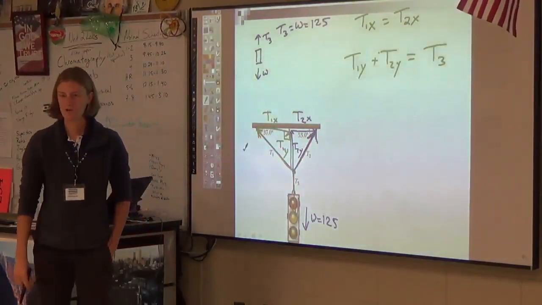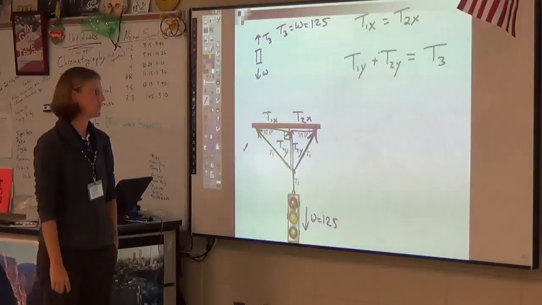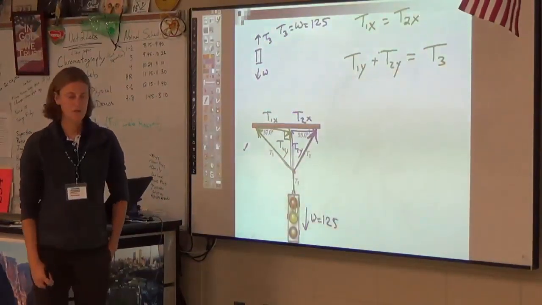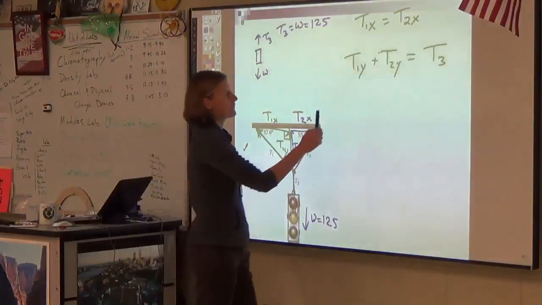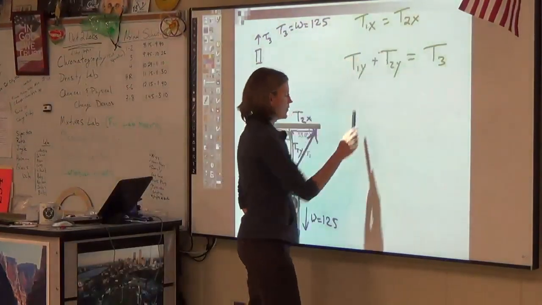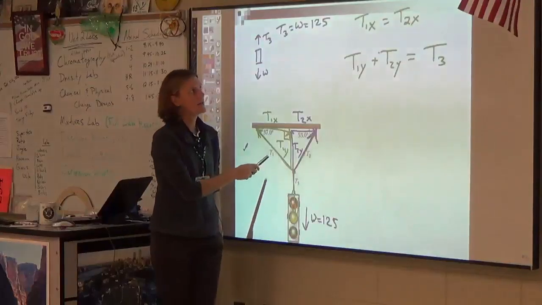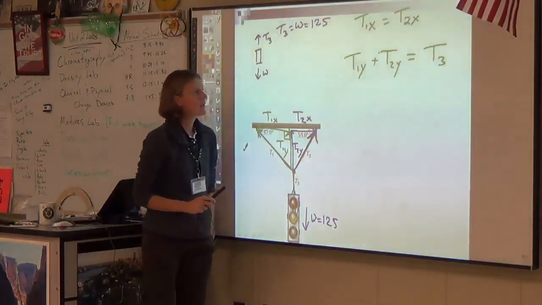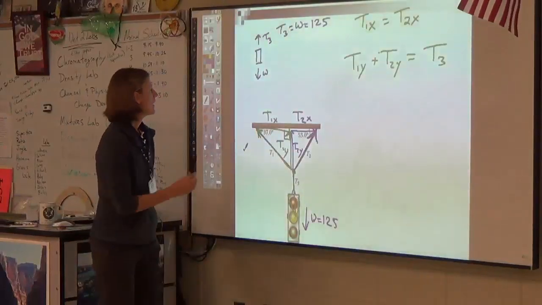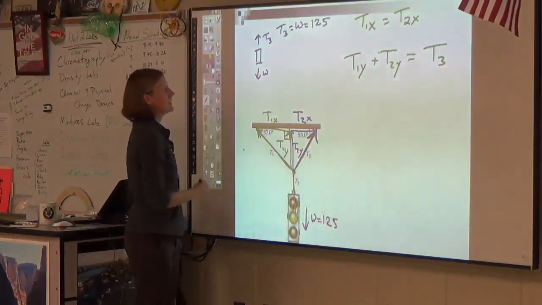Now it's just algebra. I've got to figure out what exactly to plug in, what trig I'm using. I realize again, ultimately, we're not really trying to find T1x. I do want to get the answer for T1, but that should be easy to come back and do since I know this angle. All right, so what can I plug in?